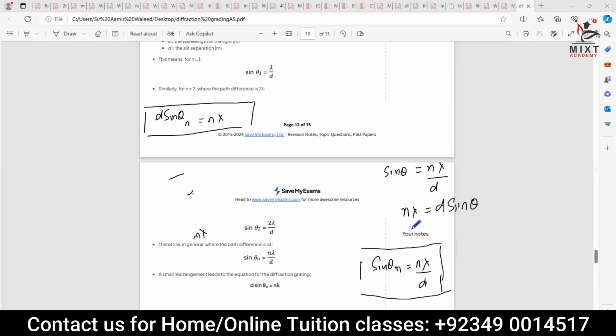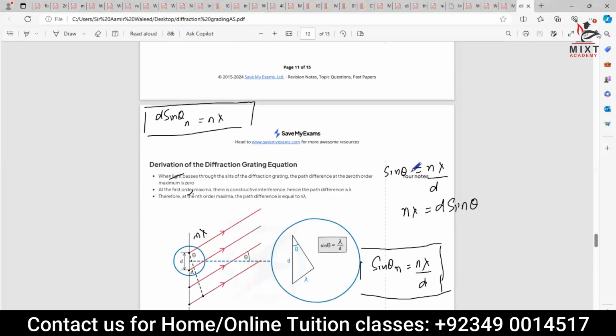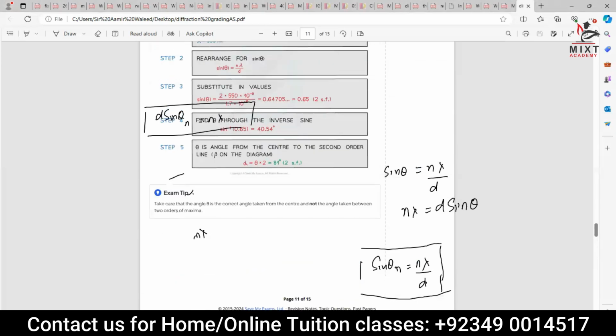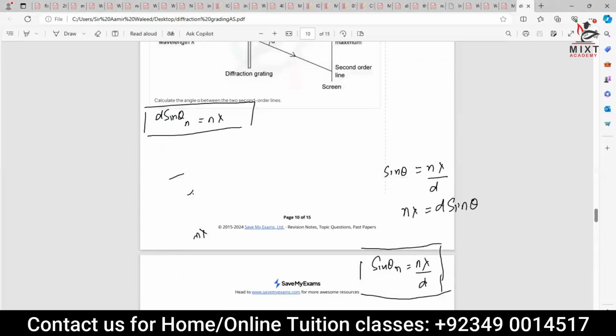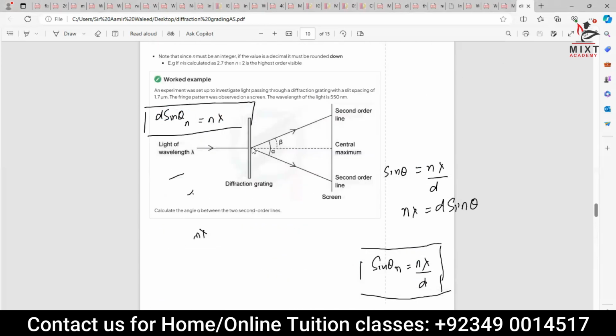It simply means, let's check it out. We know that the angle we are finding is actually with respect to the zeroth fringe, right? So, for example, let's suppose this is your line for the third fringe, then this will be the angle.